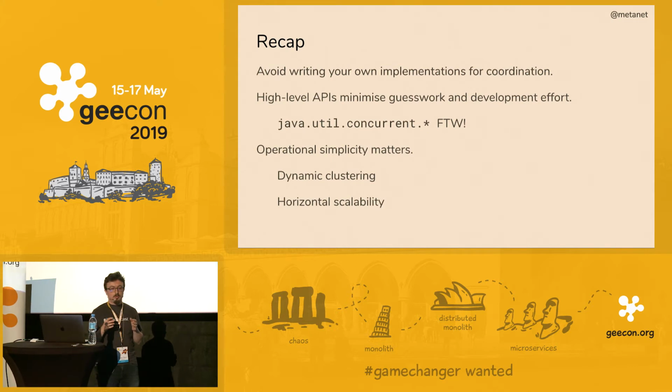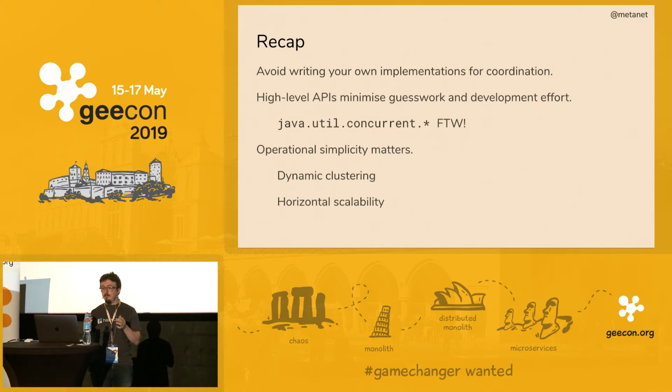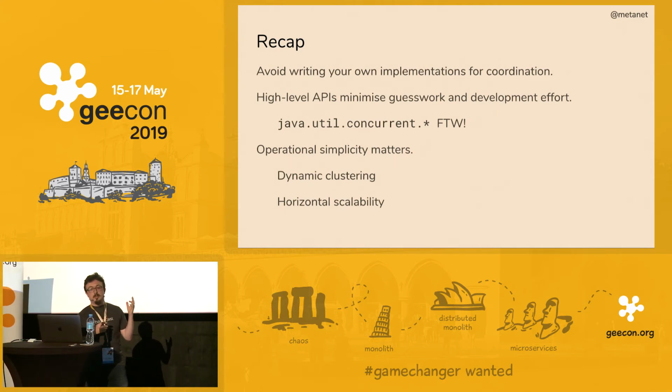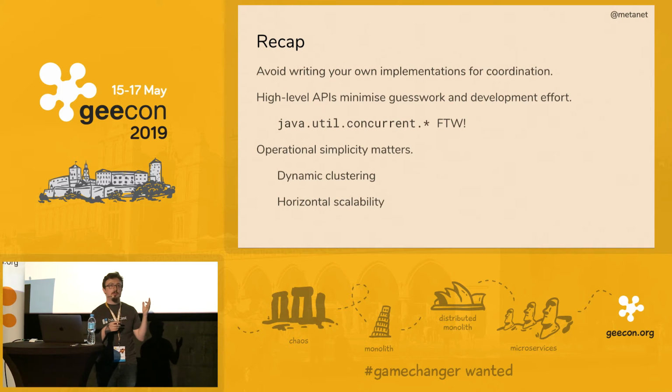So it would be much better if we implement high-level APIs that will minimize guesswork and development effort for us, and hide all of these complexities behind fundamental and simple APIs. And I think we managed to handle this part by implementing new linearizable distributed versions of the java.util.concurrent APIs, the APIs that exist in JDK.